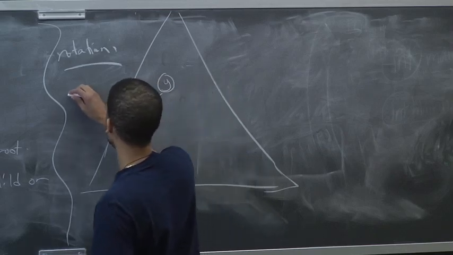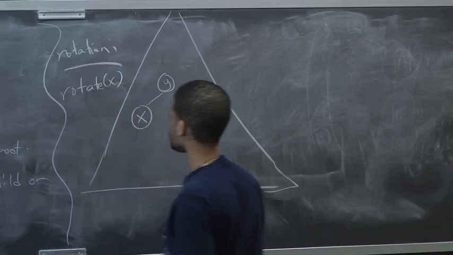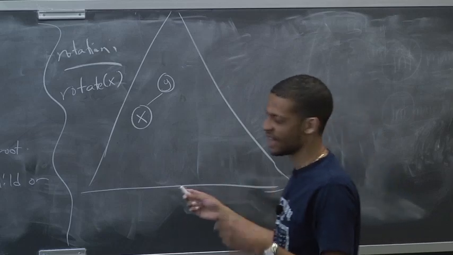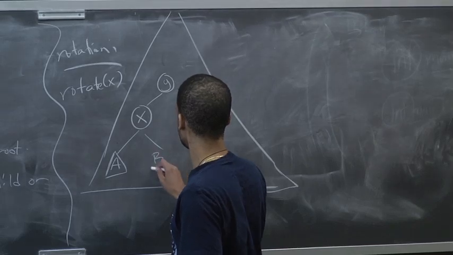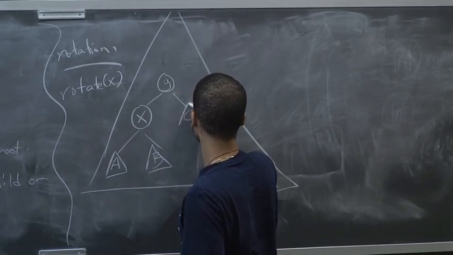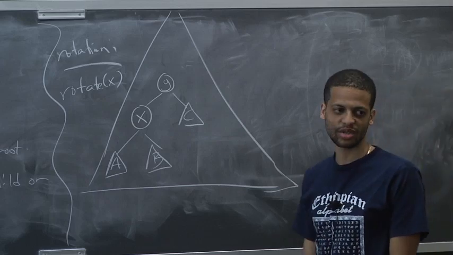This is going to be rotate X. X might have some subtrees hanging off it. Y also. A, B, and C could be empty trees, but this is, in general, what the picture looks like.